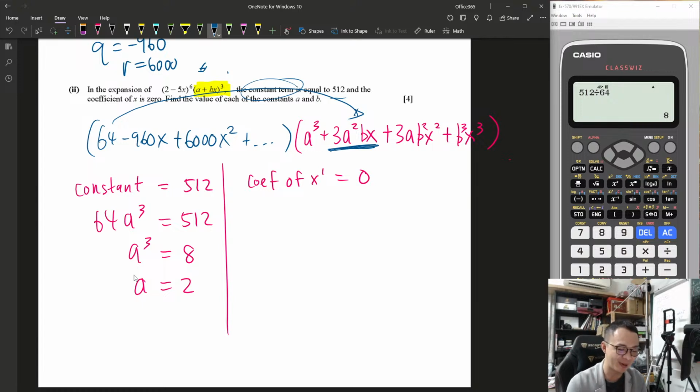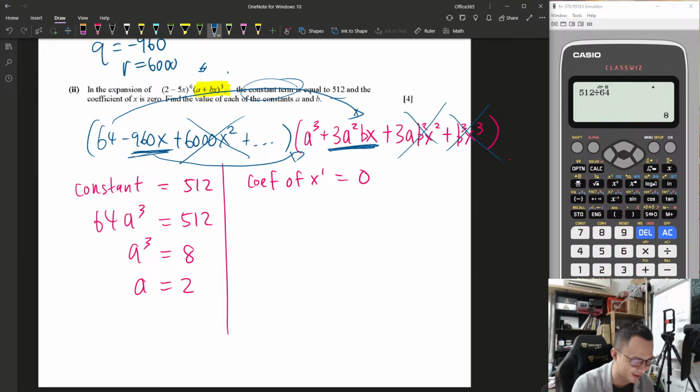You see, I get x power 1. 960 needs to multiply a constant because 960 has 1x, isn't it? So if I multiply a constant, I also get x power 1. The x squared, no need. X squared multiplied by any term here, there's no way I get x power 1. So all these terms are unnecessary. And you don't need to do a cross in the exam, okay?